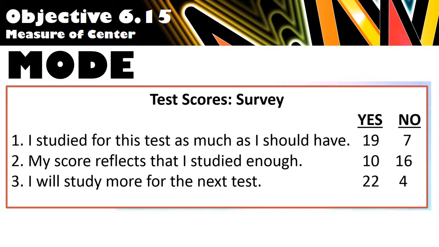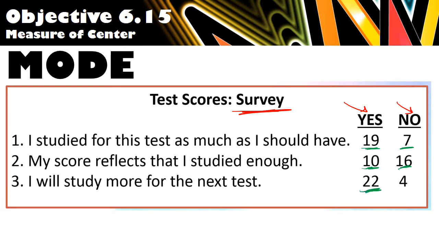And so the mode works really well if you have any kind of surveys. Anything we have a yes and a no to, we can figure out the mode really easy. Question number 1 says, I studied for this test as much as I should have. We have 19 students that said yes and 7 students that said no. Next, my score reflects that I studied enough. 10 students said yes, 16 students said no. And I will study more for the next test.